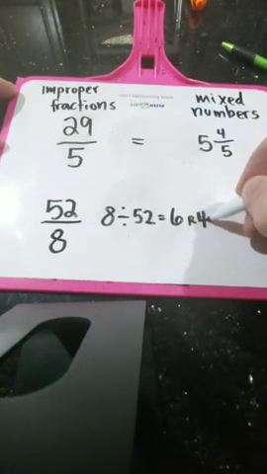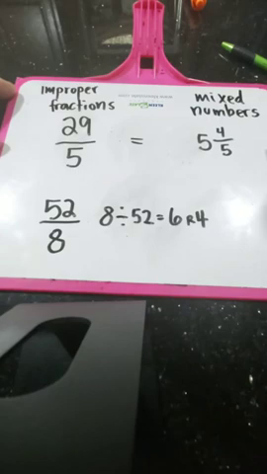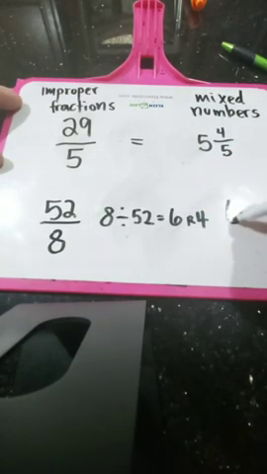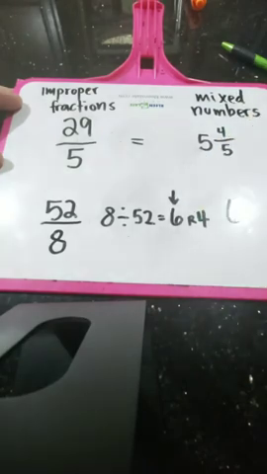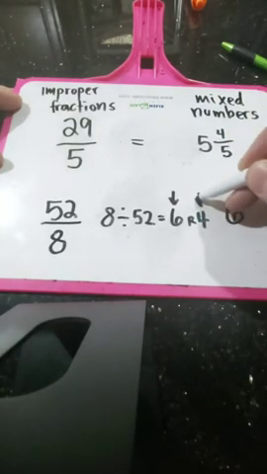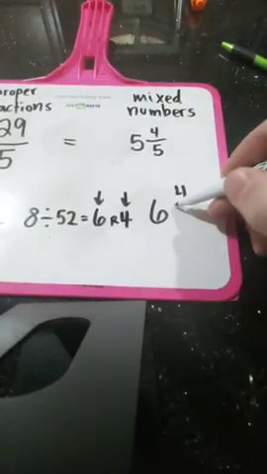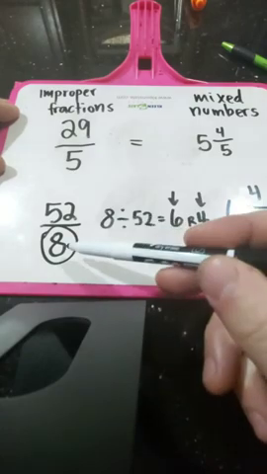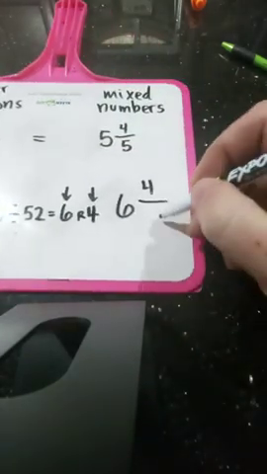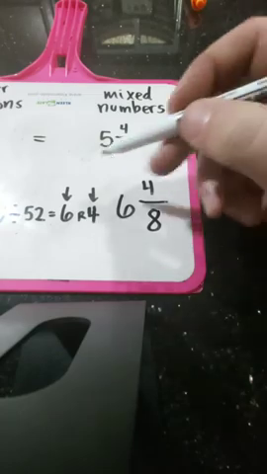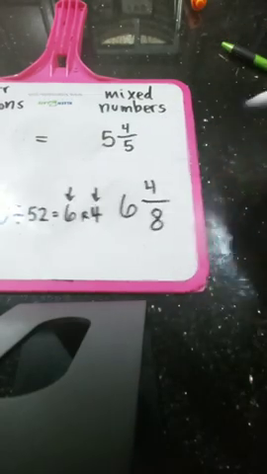Okay? Remainder of 4. So we take our whole number, which is 6. That's this guy. We take our remainder, that's this guy, and we make it our numerator. And then we take this guy over here, and we keep it the same. He still stays our denominator. So our final answer here is 6 4/8.